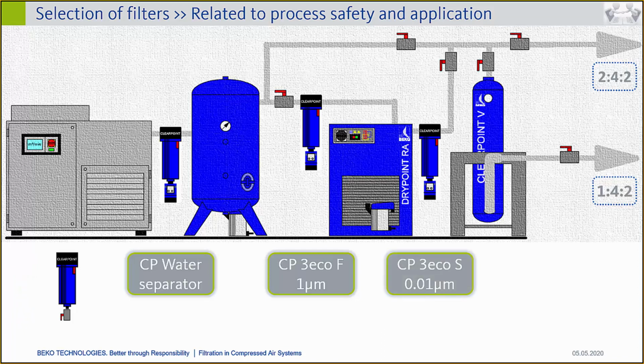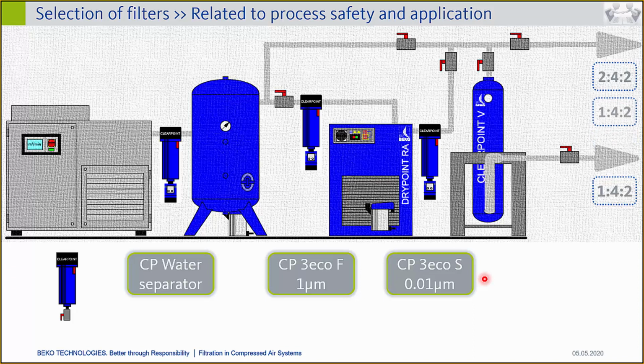So that's the reason why we placed an S filter here instead of an additional F filter, as we would use for the regular application for 2.4.2. But because this air is also conveyed to the carbon tower, we have decided to put in an S filter here.